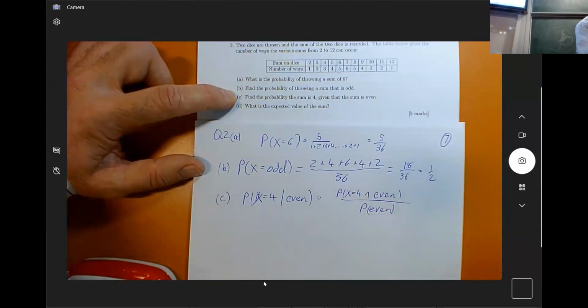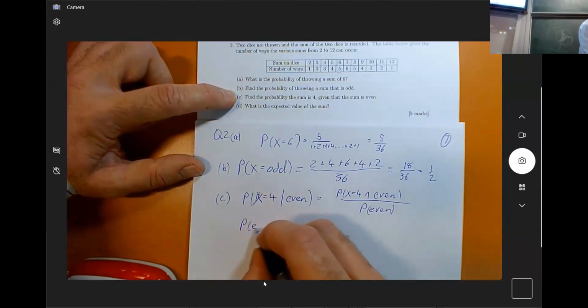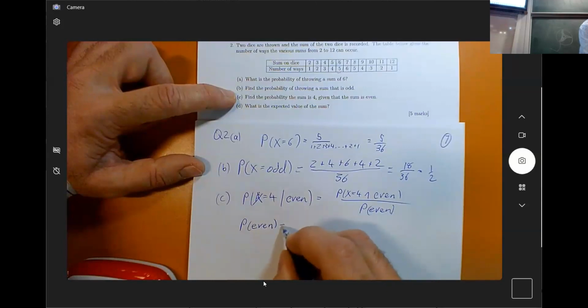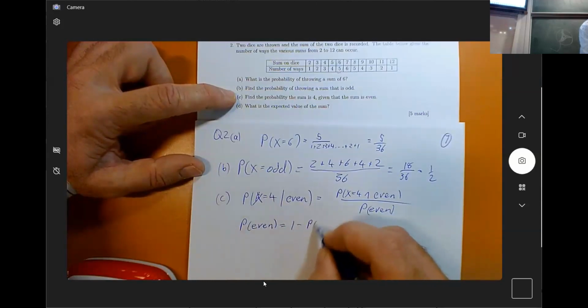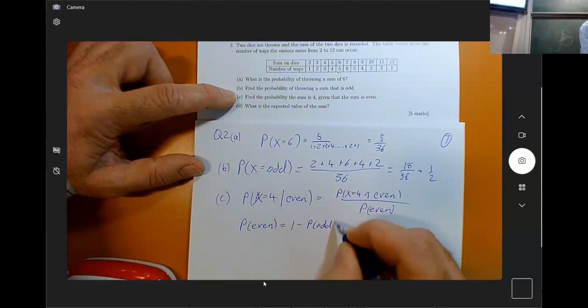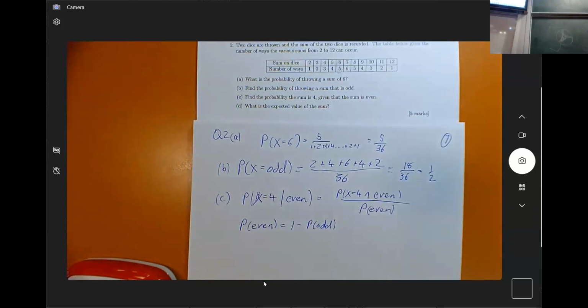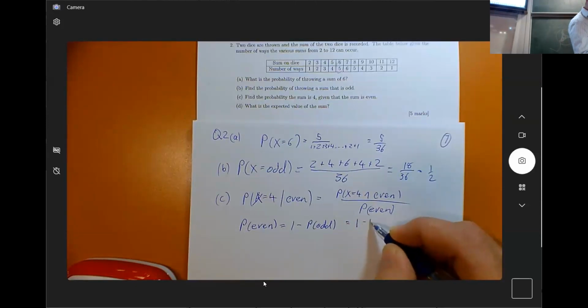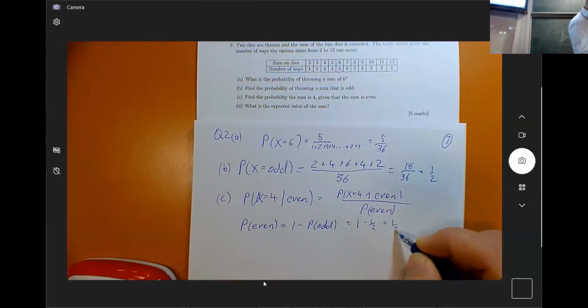Now, I'm going to do a little bit of a trick. Probability of even is equal to 1 minus probability of odd. I can get away with doing that because my number is either even or odd. And since I've already calculated that, I can go 1 minus a half, which is equal to a half.